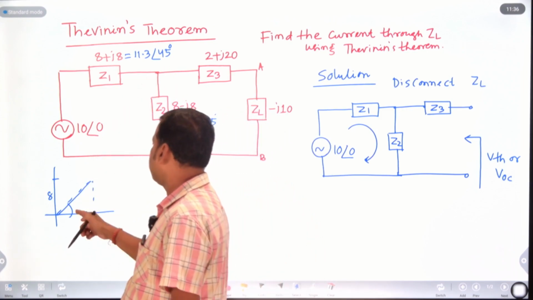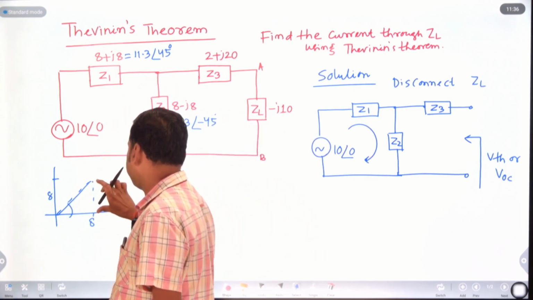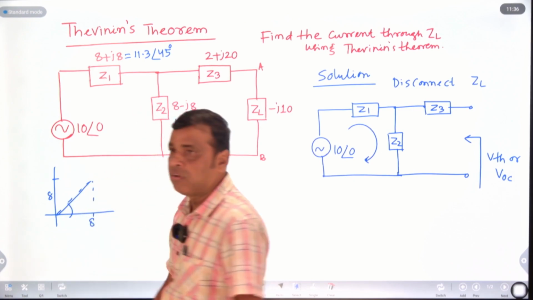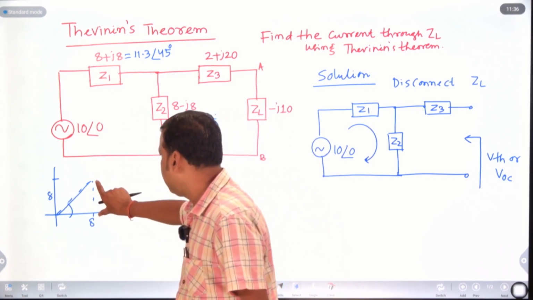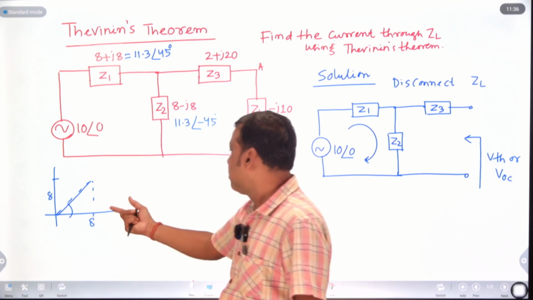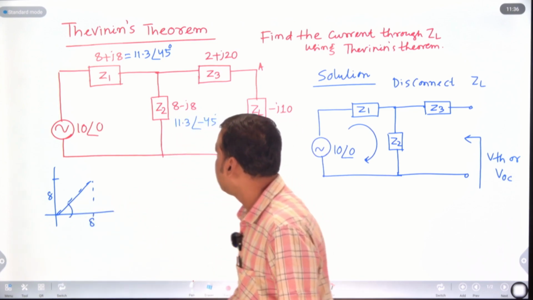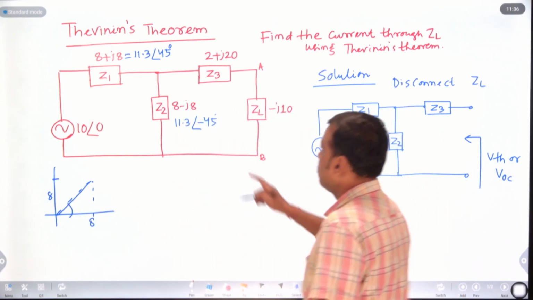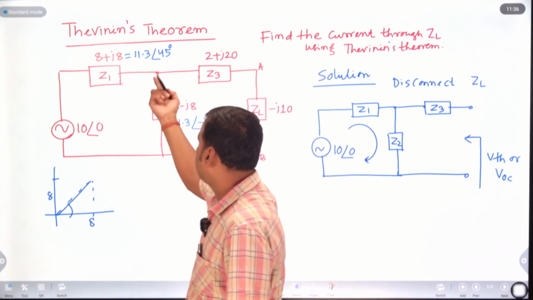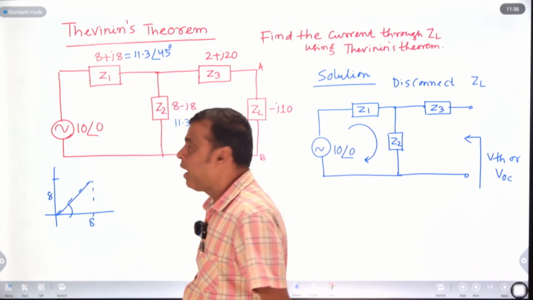The angle is tan inverse of imaginary by real, that is 8 by 8, which is 1. So tan theta equals 1, or theta equals tan inverse 1, that is 45 degrees. So 8 plus j8 can be converted into 11.3 angle 45 degrees.